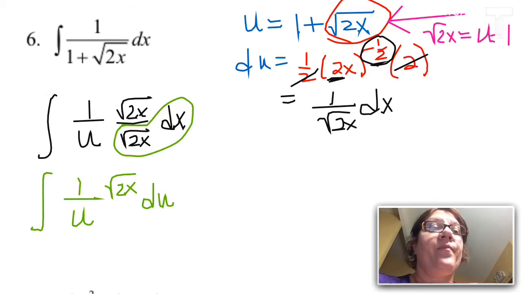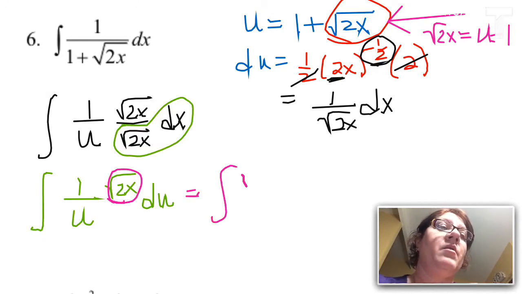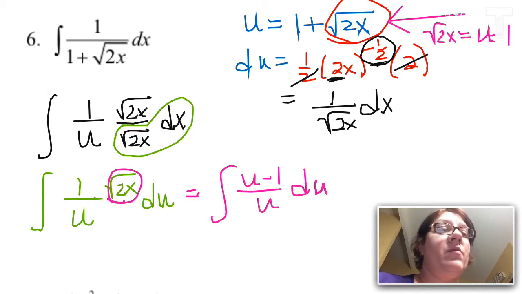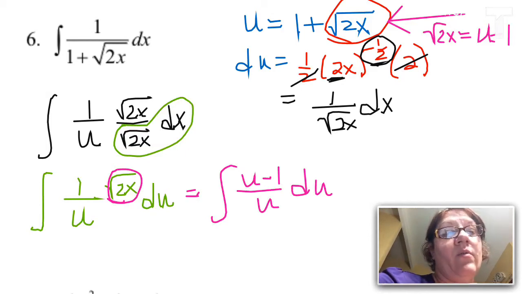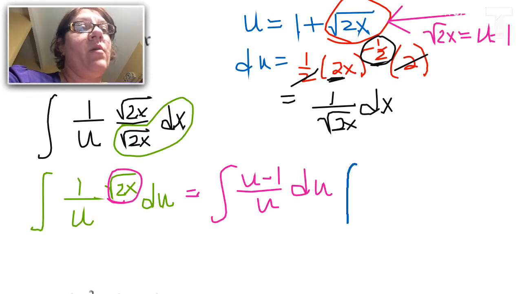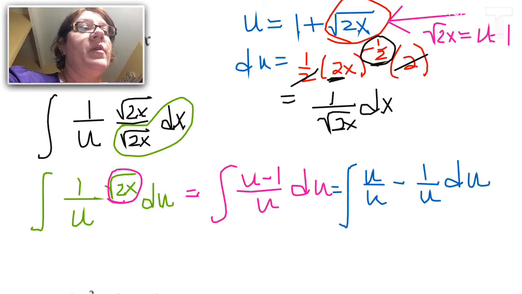So now it's going to turn into a u minus 1 on top. Ooh, this is perfect, right? I can split it now. So I'll have u over u minus 1 over u, and I can do each of those separately. As a matter of fact, I'll just slip another integral sign in there.